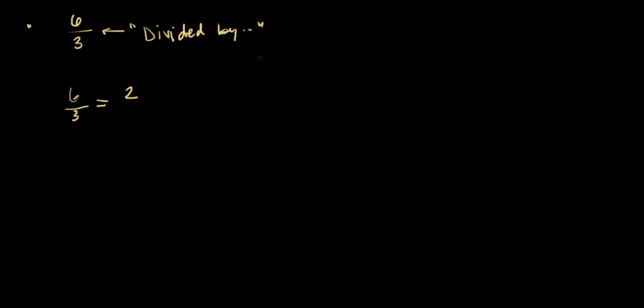If you did it the old-fashioned way, you'd write 6 divided by 3, and you say, oh, it goes in 2 times. You multiply the 2 and the 3, you get 6, subtract, and you get a remainder of 0. Okay, yeah, it equals 2. Another way, you can say this is 6 divided by 3 equals 2. Both of these are valid ways of doing it.